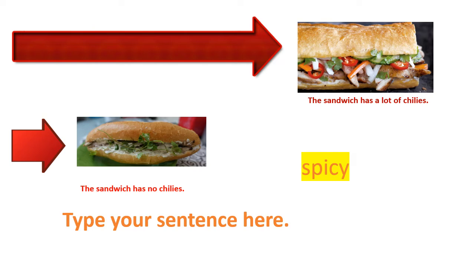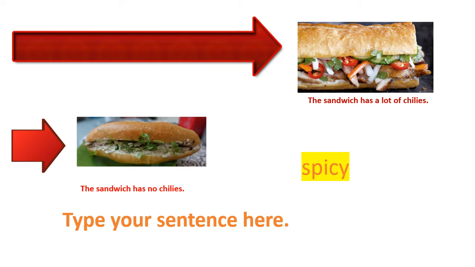So this is your number one. You will type your sentence here where you see the orange words. I show you an arrow. I don't tell you the demonstrative pronoun. I don't tell you if it's this or that or these or those. You have to look at the arrow and figure that out.